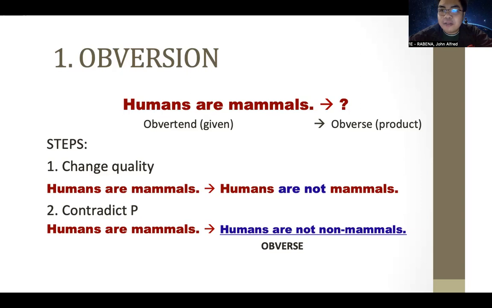The quality is positive. In order to turn that into negative, you place the word not. So humans are not mammals. The second step is to contradict the predicate. The predicate here is mammals. How do you contradict that? You place the word non, N-O-N. So your obverse, or the result, would be humans are not non-mammals.